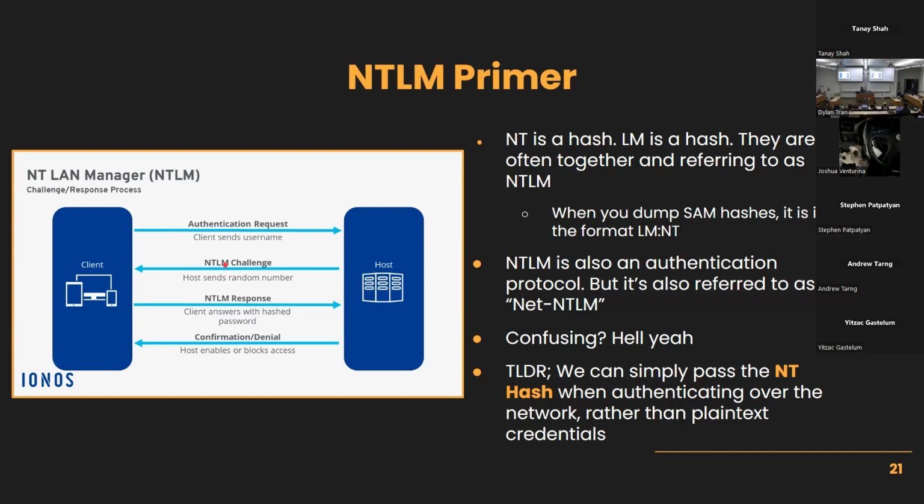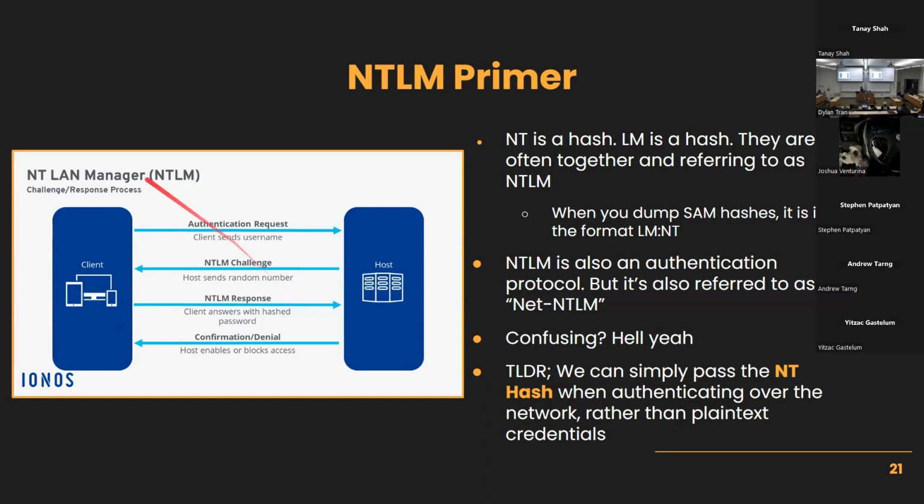It gets encrypted with that hash, and that response gets sent over. The host is then going to encrypt its own output and check, do they line up? And if they do, then the host knows, okay, you are that user, because you provided the username and you provided the encrypted output based on the hash of the user you are authenticating as.